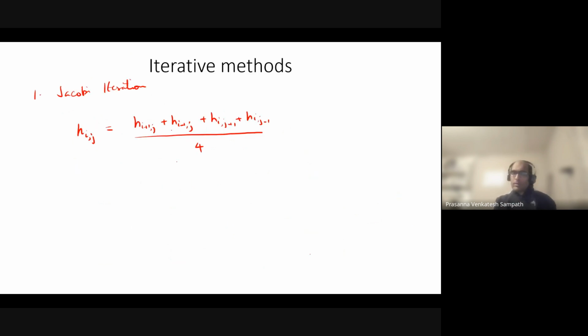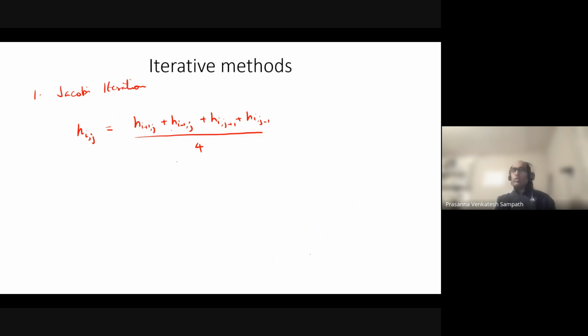Now, please pay attention to this. It's a little tricky to understand. Let us say that in this domain I have I equal to 1 to n and j equal to 1 to m, and I have the boundary values. Within the domain, I have so many different cells at which I don't know the head value.